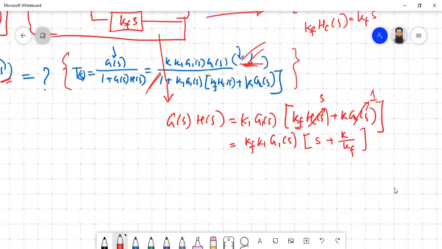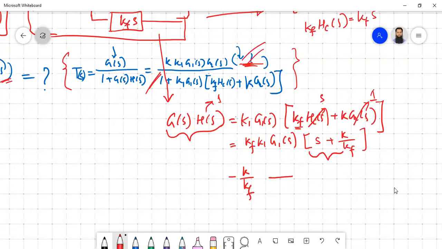Okay, so what you can see here is another zero is added. So a zero at minus K by Kf is added to our G(s)H(s). Previously H(s) was 1, but now we have added this zero, and this zero will be contributing to reshaping your root locus.